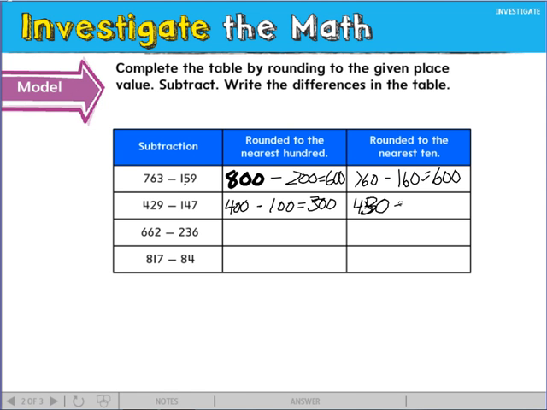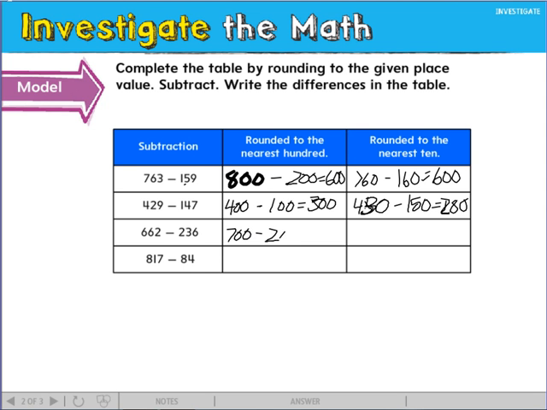Subtract 147, to the nearest 10 is 150, which equals 280. 662 to the nearest 100 is 700.